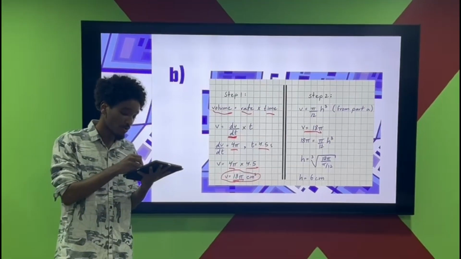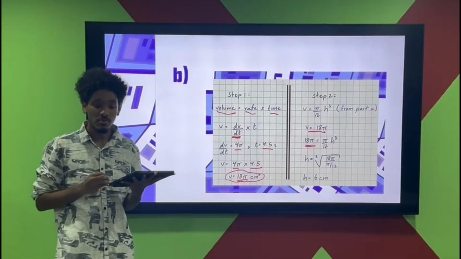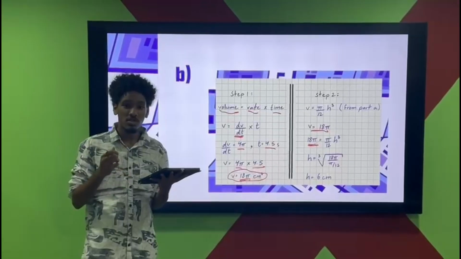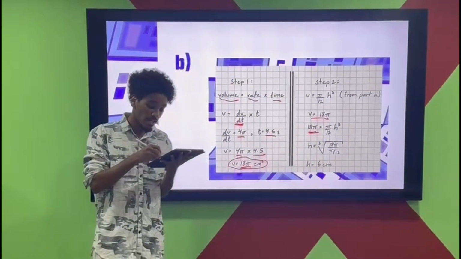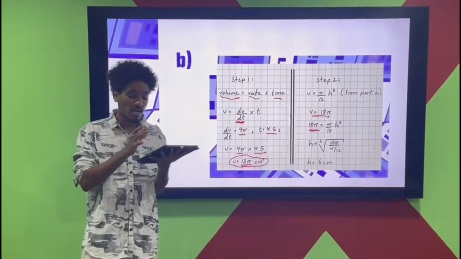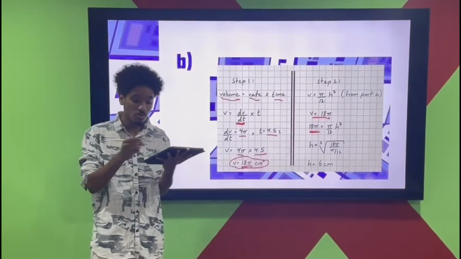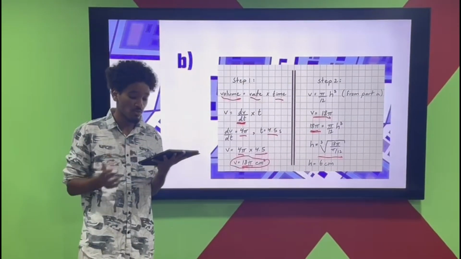So we're gonna put it into the equation. So 18 pi will become equal to pi over 12 h cubed, because we're trying to find h, or the depth. So if you rearrange the formula and make h the subject, you're gonna get h is equal to the cube root of 18 pi divided by pi over 12.